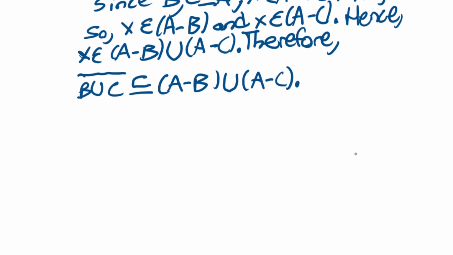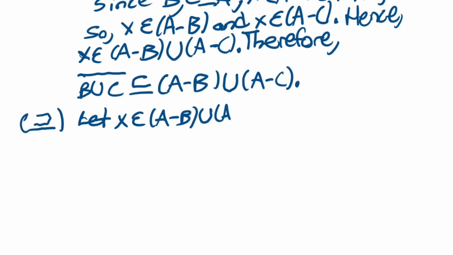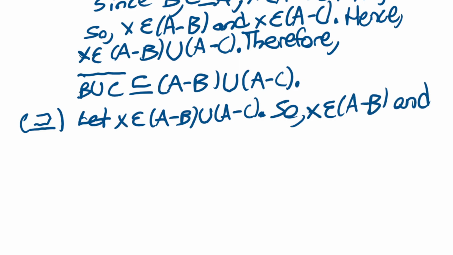All right, now we'll finish this up by showing reverse containment. So let's let X be an element of the difference of A minus B union A minus C. So X is an element of A minus B, and X is an element of A minus C. Oops. Try to fix this reverse containment symbol.